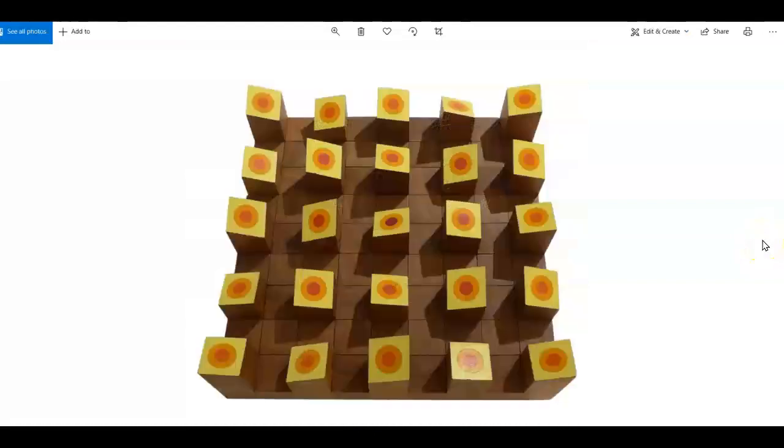And this last one, it's a relief. Probably we could call it a bas relief. I don't exactly know the dimensions of it, but let's say it's under 6 or 7 inches. It looks like a game of some sort, but when we look at it closer, we can see that the angles, the way this was cut, each top plane is a little bit different from the next one.